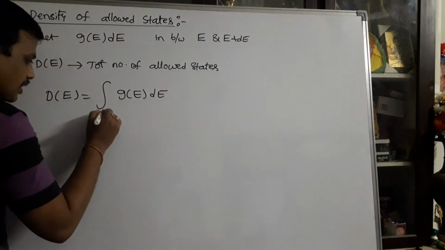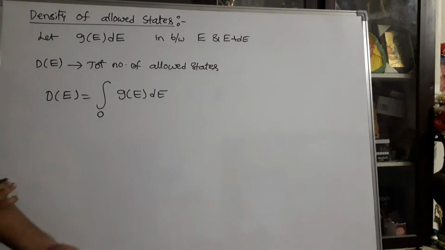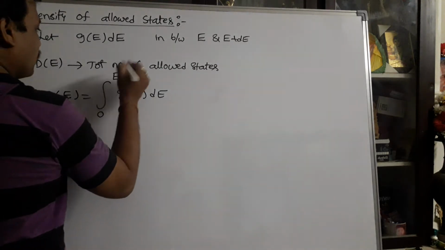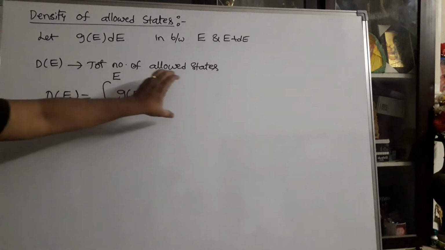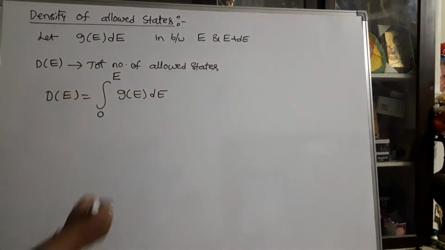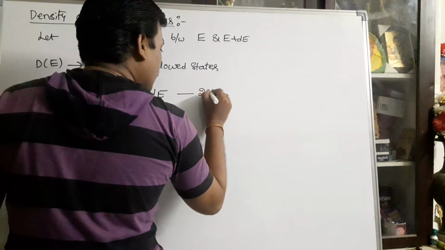The ground state energy can be taken as 0, up to the energy E you want to calculate. So the number of allowed states is equal to the integral from 0 to E of G of E into dE. On differentiating these states you can get the result. This equation can be taken as 23.